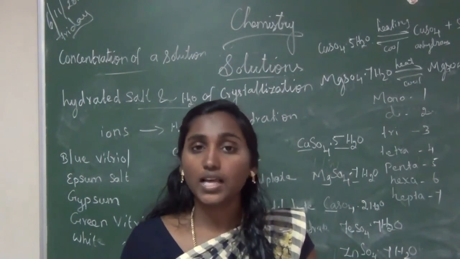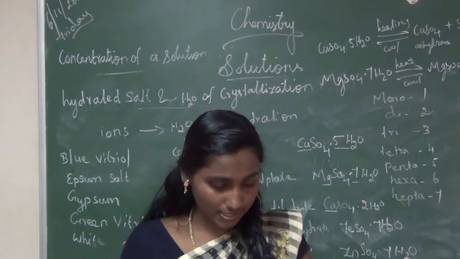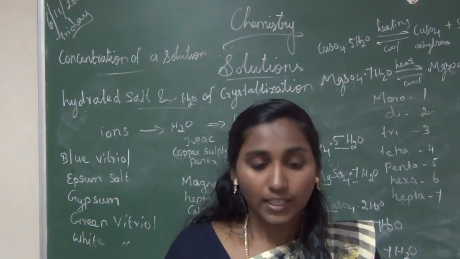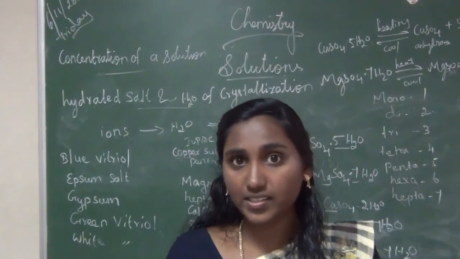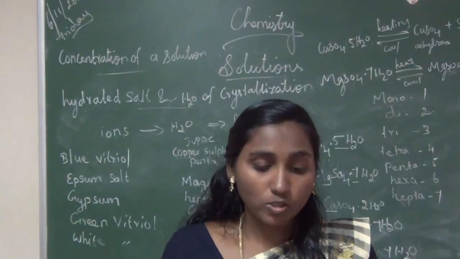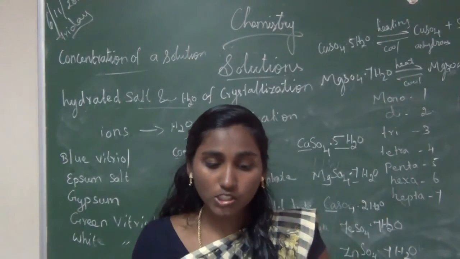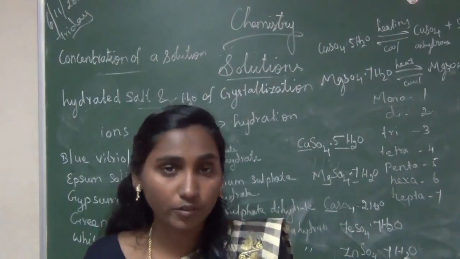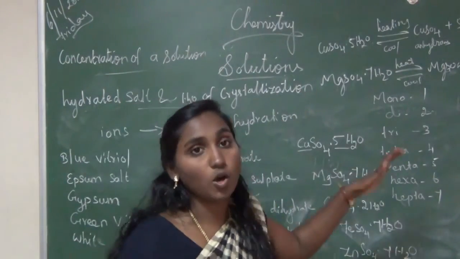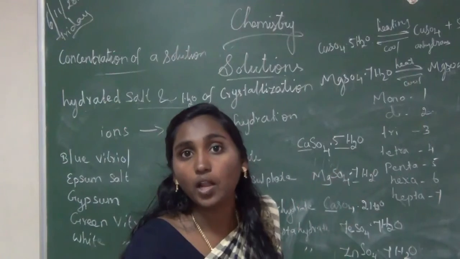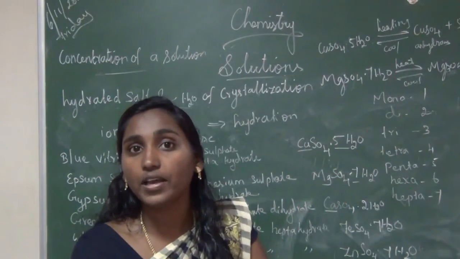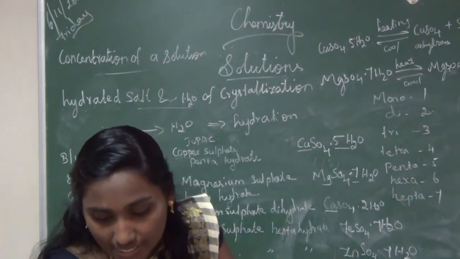Increases. So mark the answer for the sixth one: increases. Then the seventh one we can mark later. Eighth one, a 25% alcohol solution means what? Today only we studied: 25% alcohol means 25 ml alcohol and the remaining 75 ml water. So option C is the correct answer.